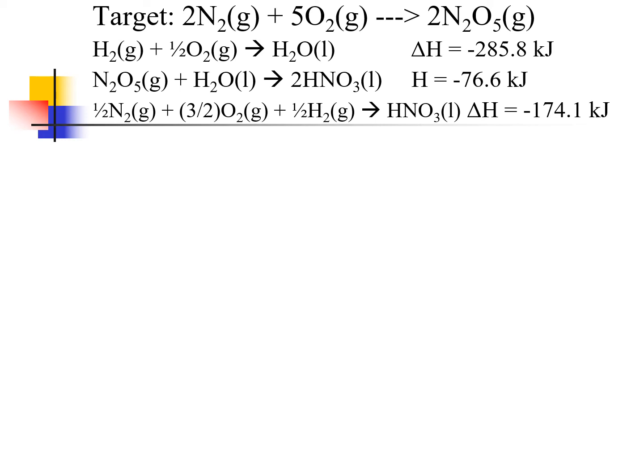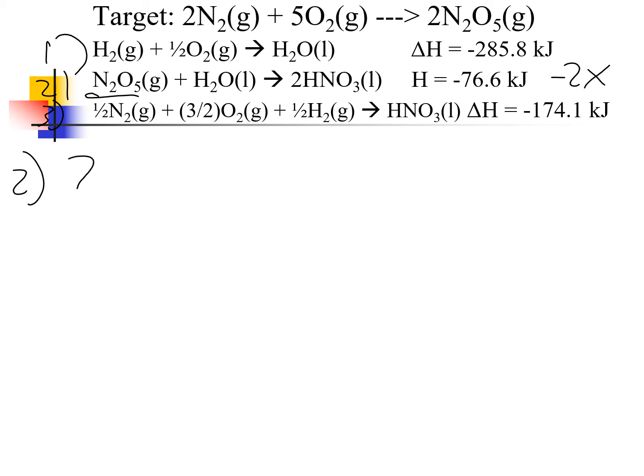Second equation, I look at it and I see that the N2O5 is on the wrong side and has to be reversed. So I'm going to take that second equation, so we'll call it equations 1, 2, and 3. That second equation is now going to be, I have to double and I need to reverse. So I'll call it negative 2x, double and reverse.